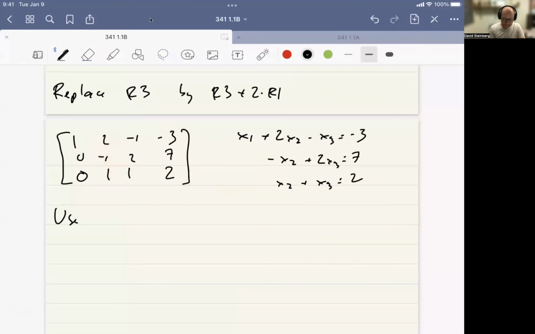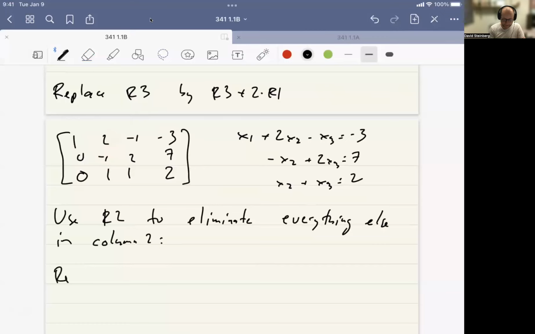So we'll use row 2 to eliminate everything else in column 2.